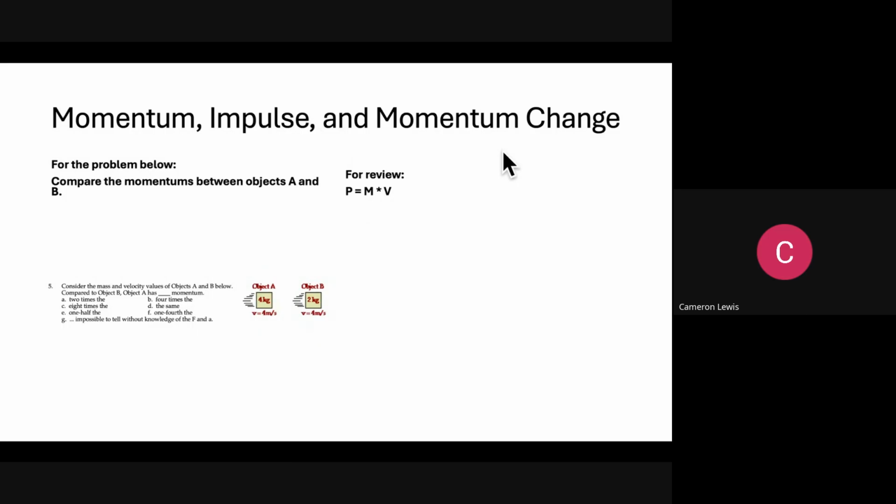So object A has a certain amount of momentum, and compared to object B, how much is it? Zelly said twice as much. Anybody disagree? I hear and agree. So we're good. Now, why did you say twice as much?